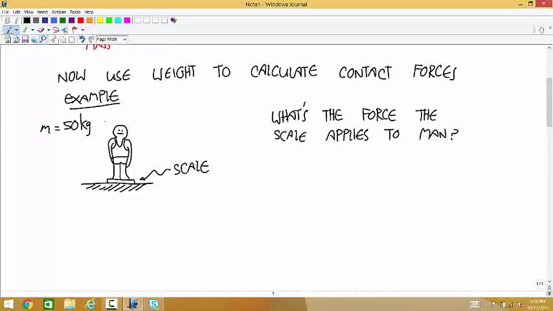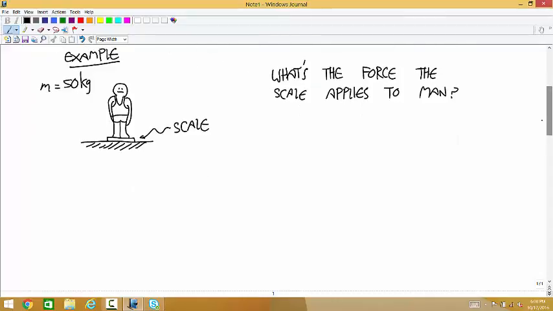Pretty soon we're going to start talking about what we know about the directions of force vectors that are applied by contact forces, but for now we'll assume we don't know anything about the direction. We can still calculate it in this case. So Newton's second law says add up all the forces. So it says choose an object, and we're going to choose the man.